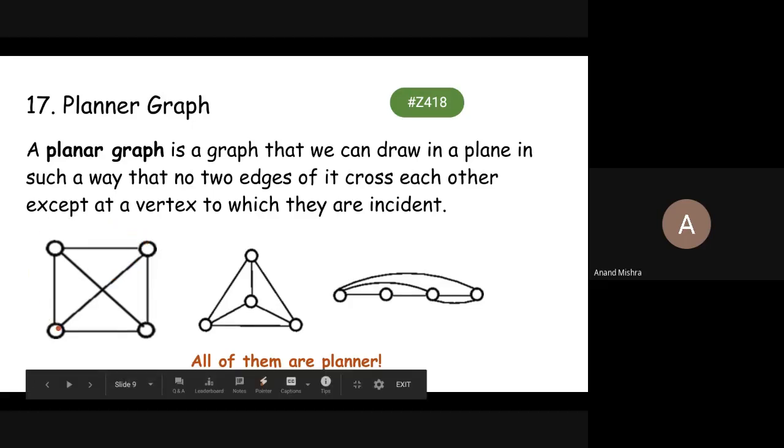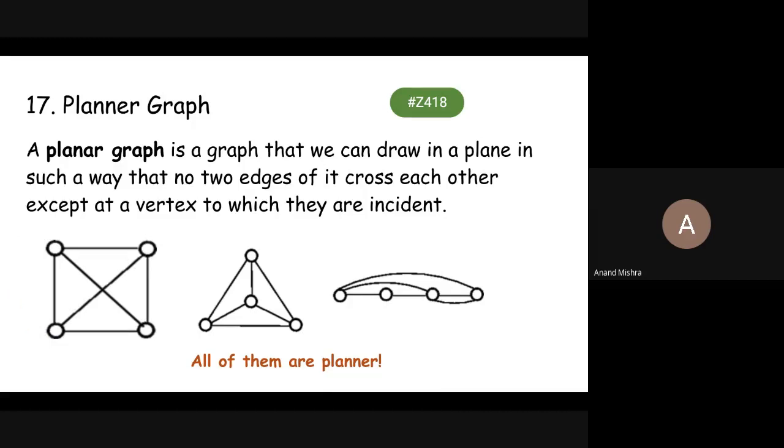The graph remains the same, right? Of the diagonals, instead of drawing one inside, if I draw it outside, then I am done. So then none of the edges are crossing, and even this is planar.